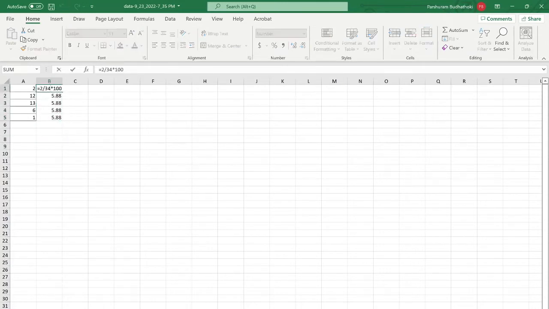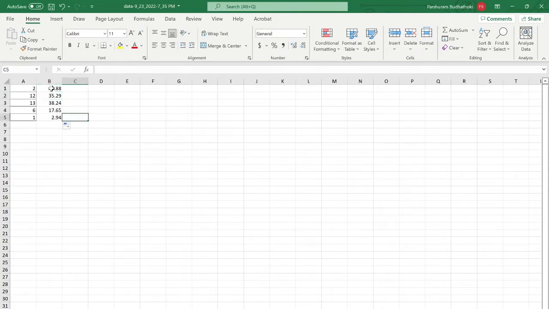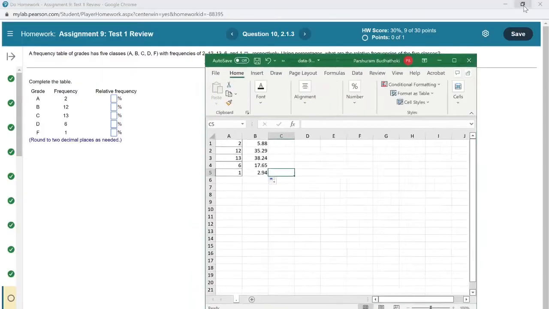Okay, instead of choosing 2, I have to choose this cell, and that gives me the answer. Now when I scroll down, it uses this value, 12. For the second one, I'm dividing A2, which is 12, by 34, times 100. So these are the relative frequencies.